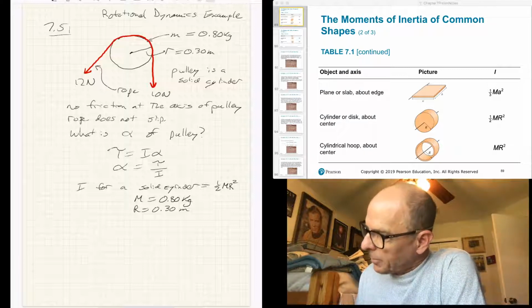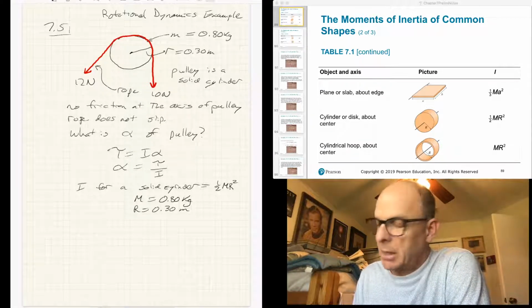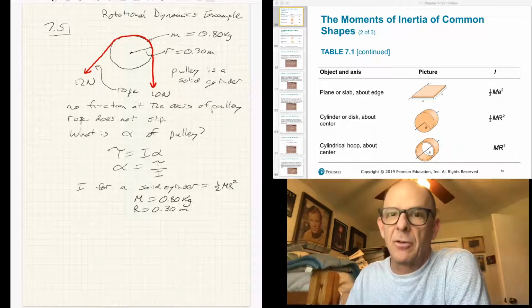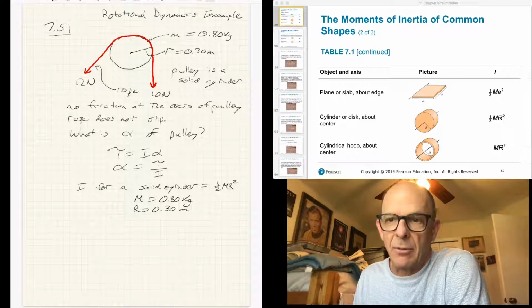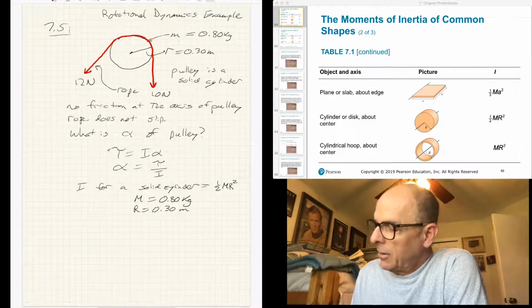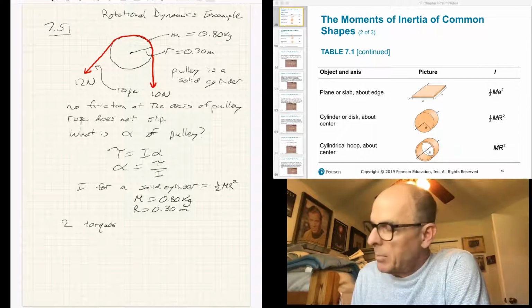torque. Well, how many torques are acting on this pulley? The pulley is affixed somehow to this particular central axis. So there are 2 torques exerted on it, one by each force.